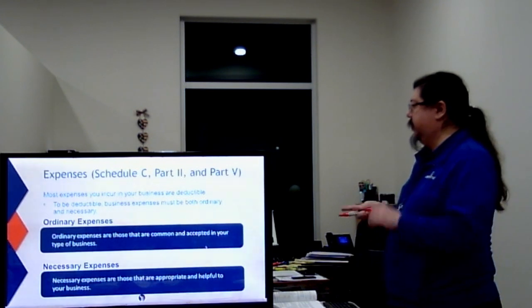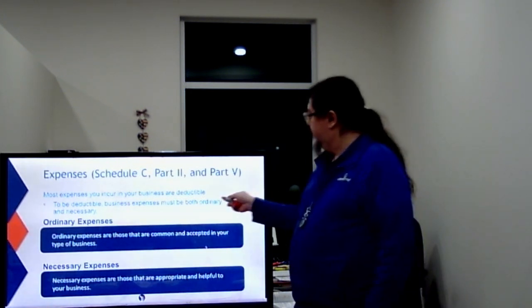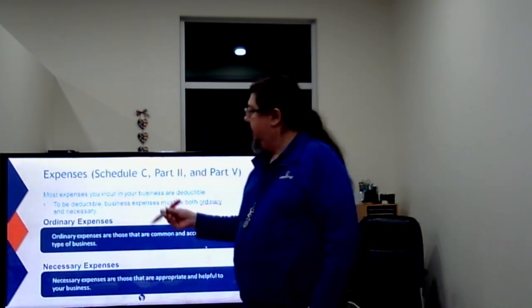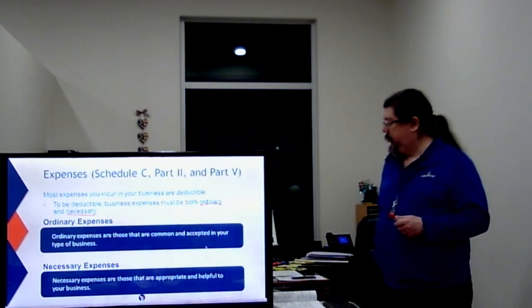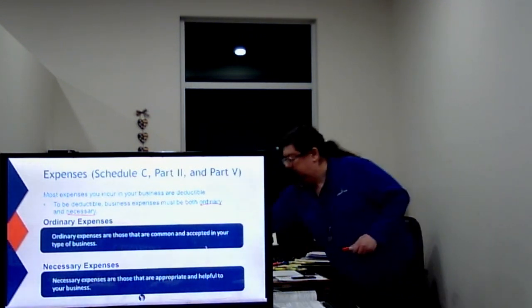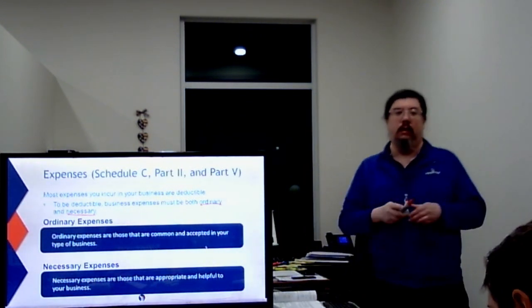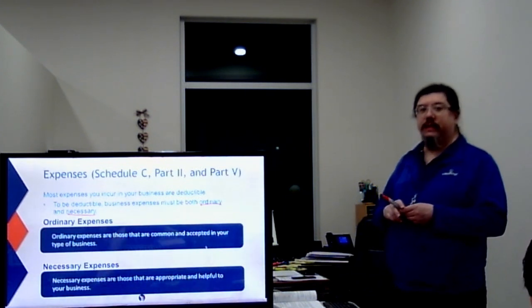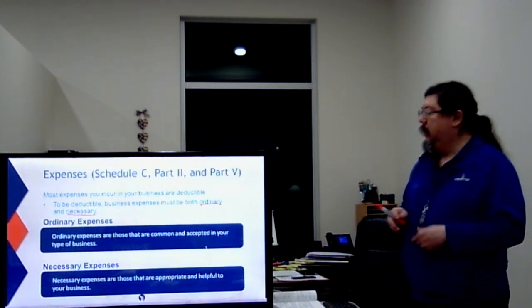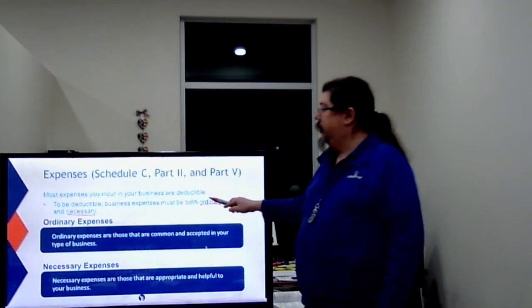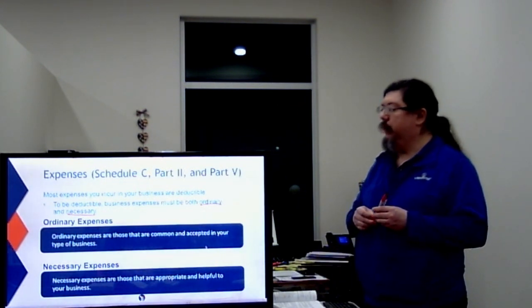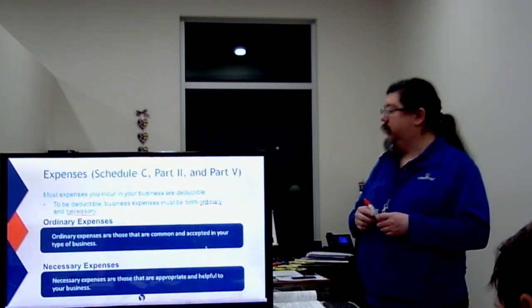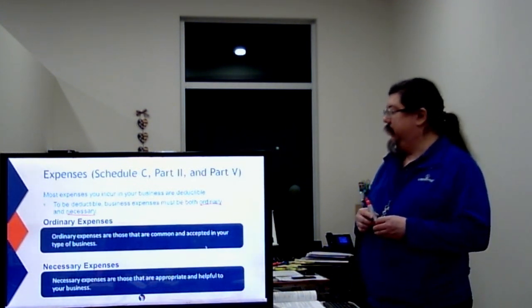Okay, so we're going to skip a lot of the slides, but we are going to stop with some highlights. For any business expenses to be deductible, they have to be considered ordinary and necessary. Those both have actual specific definitions instead of just their ordinary English definitions.